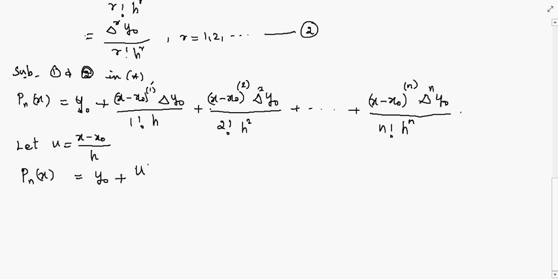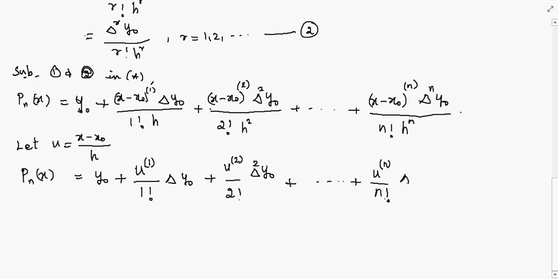So u power 1 factorial divided by 1 factorial into del y naught, plus u power 2 factorial into del square y naught divided by 2 factorial, plus etc., plus u power n factorial divided by n factorial into del power n y naught.